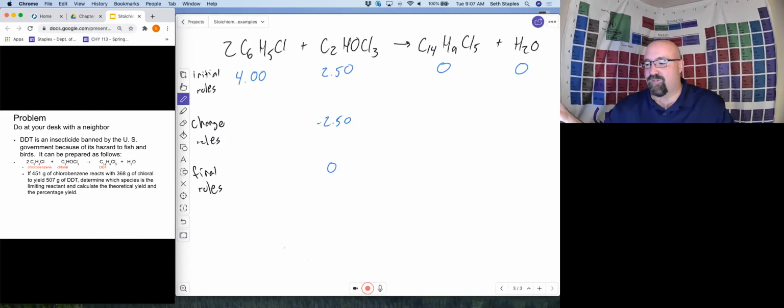Now again, looking at our ratio, for every one chloral that disappears, 2 of the chlorobenzenes have to disappear. So if we lose 2.5 moles of the chloral, we would have had to have lost 5 moles of the chlorobenzene, and we don't have those 5 to lose. And so that means that the chloral cannot be our limiting reactant. And so this would be incorrect.